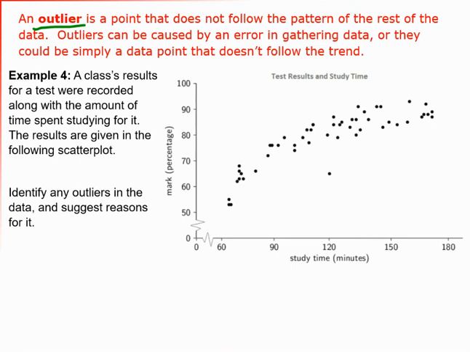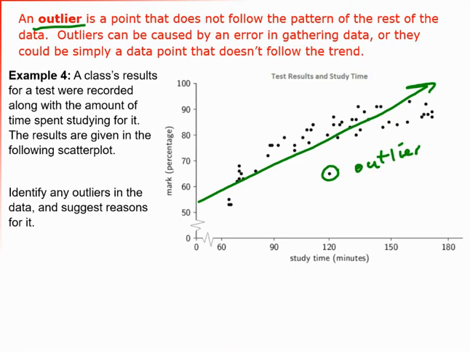You might think of yourself as an outlier. You're different than the trend, or you're a unique individual. So this is where we have our outlier in this case. He does not follow this trend that's happening.